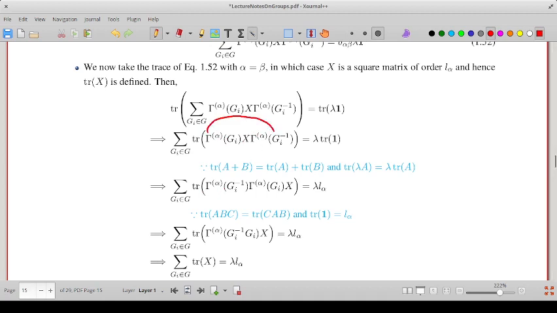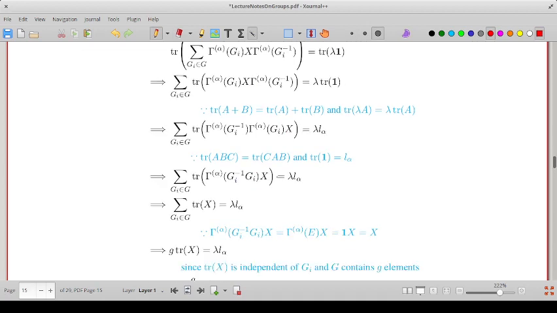I have taken this guy over here, and then gamma alpha Gi and then x. But gamma alpha is a representation of the group, and therefore this is equal to gamma alpha of gi inverse times gi.